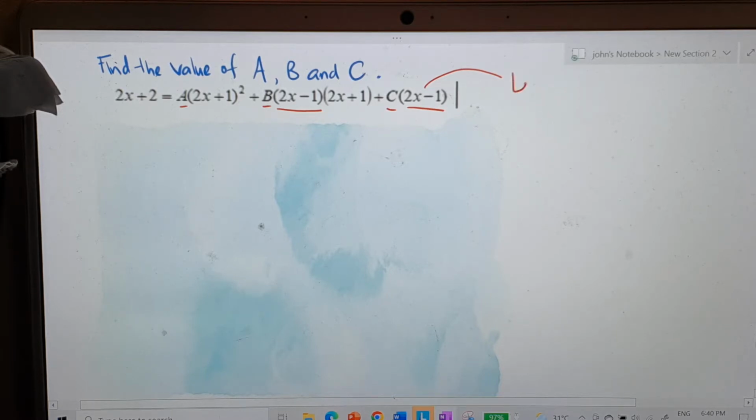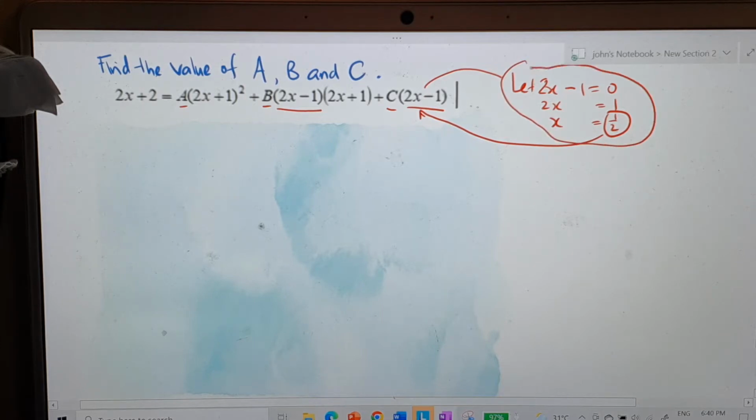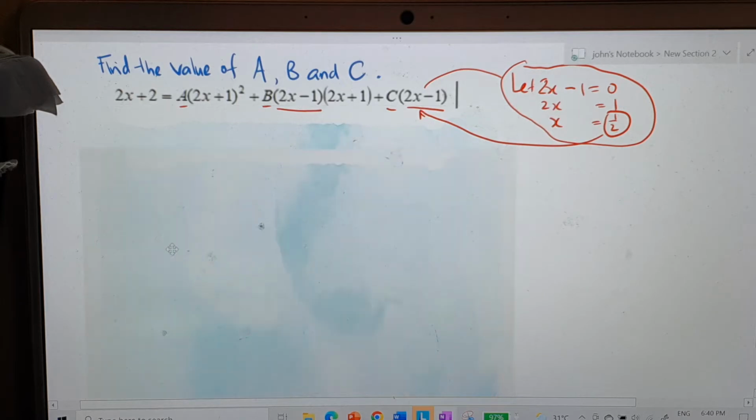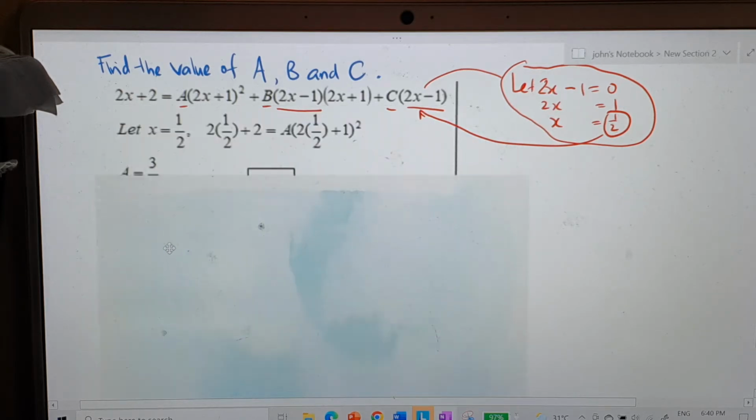So very simple, you let 2x minus 1 be equal to 0. Then from here, you will know what value of x to sub in such that this thing will become 0. Now this is not part of the working. It's for those who don't know what's going on. Then that's how you know what to sub in. Now after you have done that, you can let x be half.